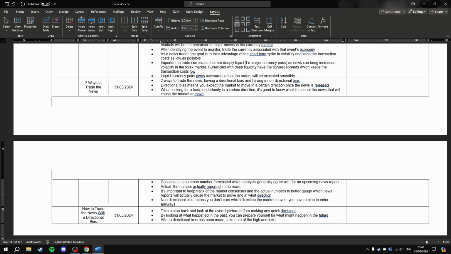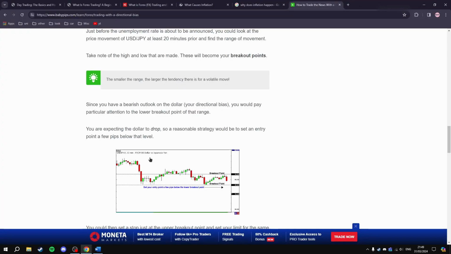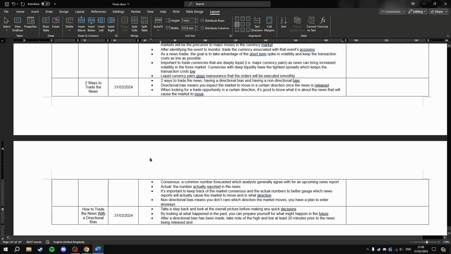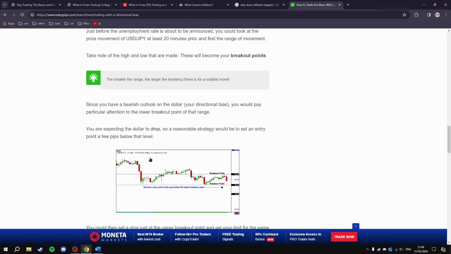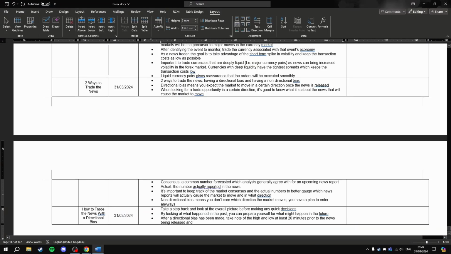Take note of the high and low of the range of movement at least 20 minutes prior to the news being released.